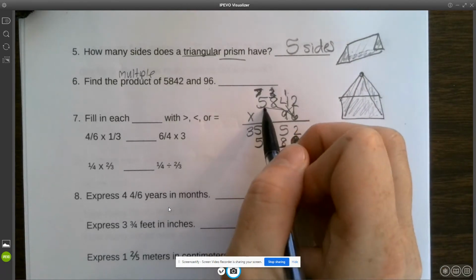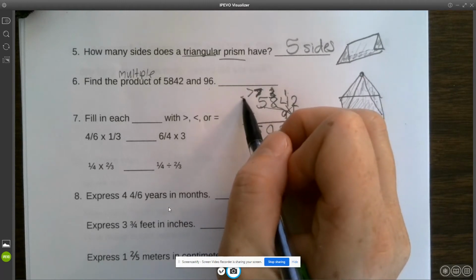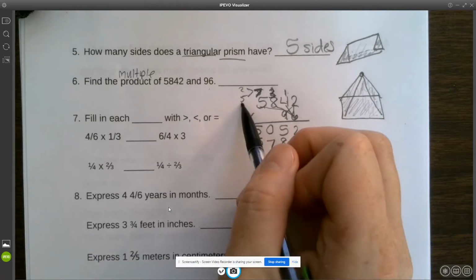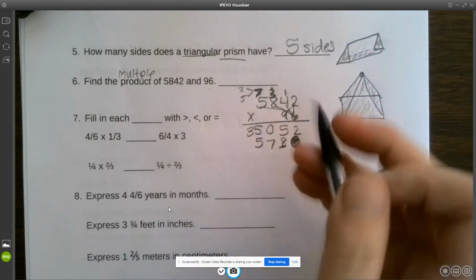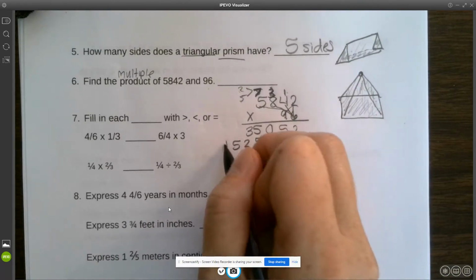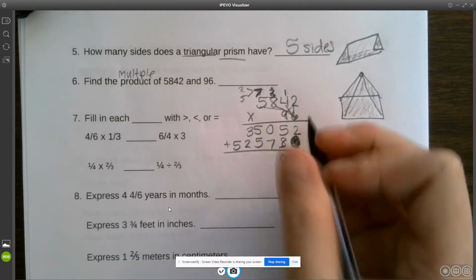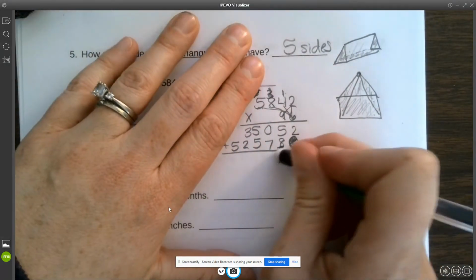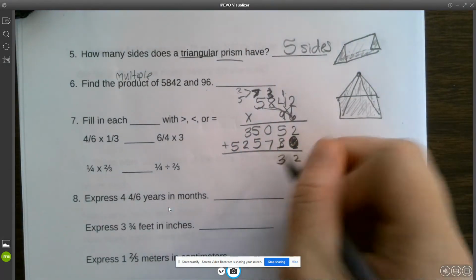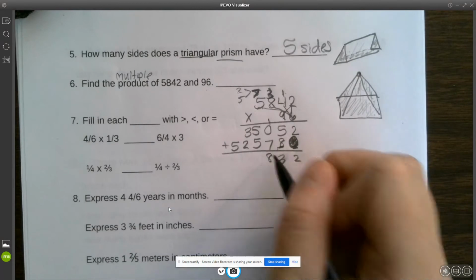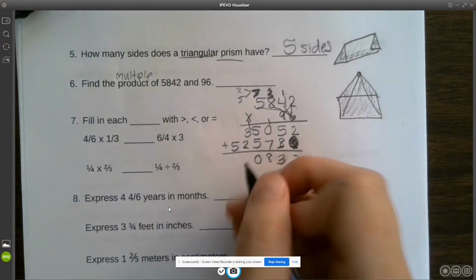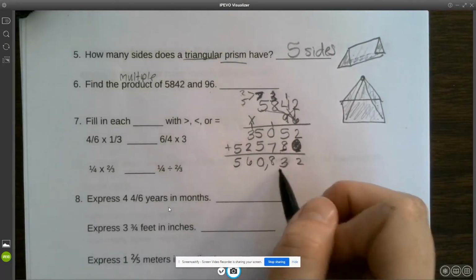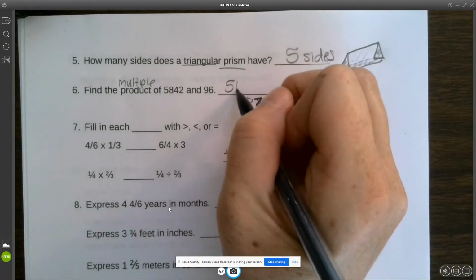Well, 45 plus 5, if I broke this up into 5 and 2, friendly numbers, so 9 times 5 is 45, plus another 5 would bring me to 50, plus another 2 would bring me to 52. Now I can add them together. What am I doing? I'm multiplying all of a sudden. 13, carry the 1. 8, 10, carry the 1. 6, 5. So I get 560,832.